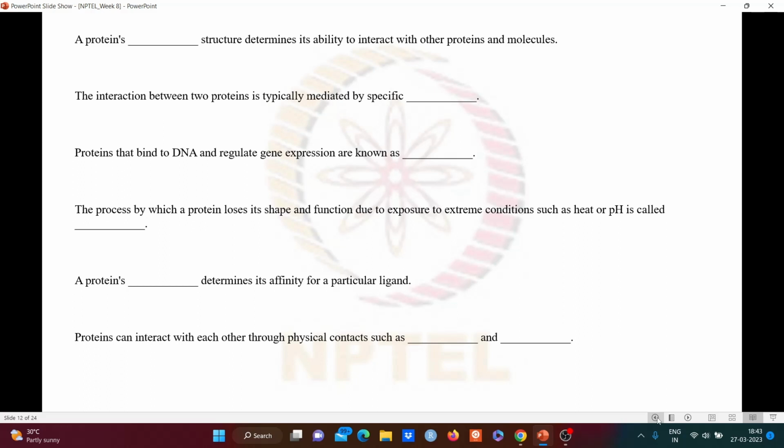Okay, yeah, 3D structure, it's correct. Tertiary or 3D structure or higher levels other than the tertiary structure helps.